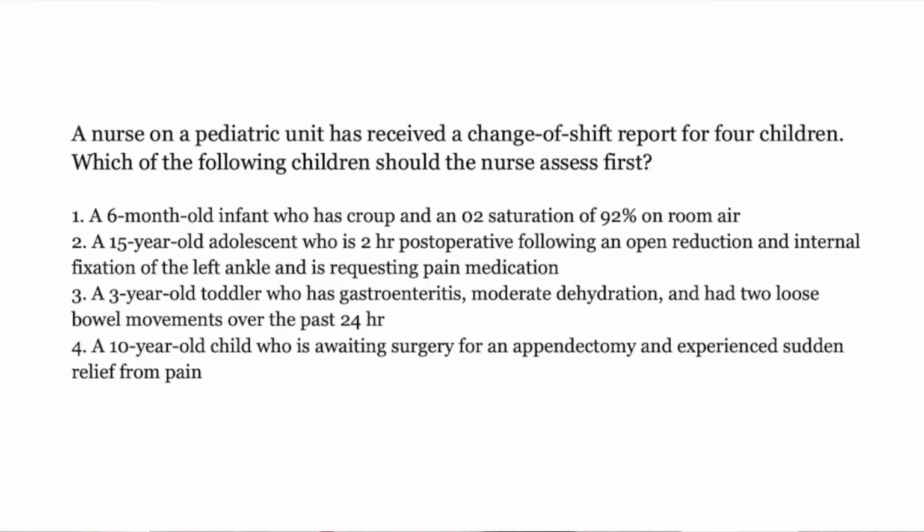Number 9, a nurse on a pediatric unit has received change of shift report for 4 children. Which of the following children should the nurse assess first? 1, a 6-month-old infant who has CROP and an O2 saturation of 92 on room air. 2, a 15-year-old adolescent who is 2 hours post-op following an open reduction and internal fixation of the left ankle and is requesting pain medication. 3, a 3-year-old toddler who has gastroenteritis, moderate dehydration, and had 2 loose bowel movements over the past 24 hours.